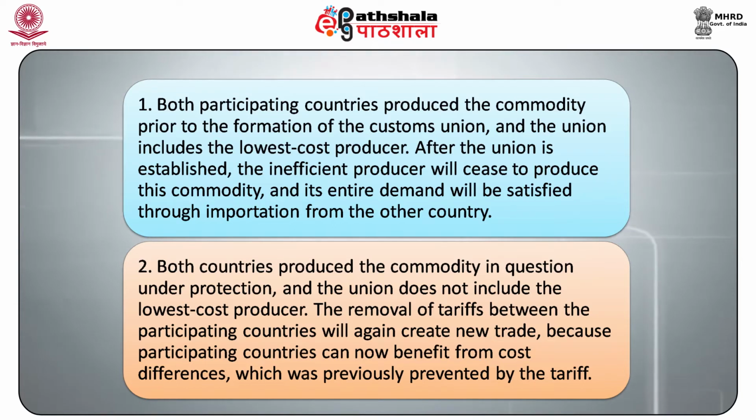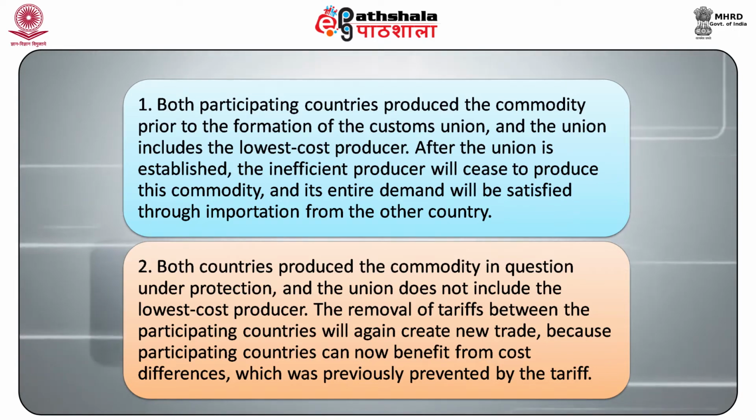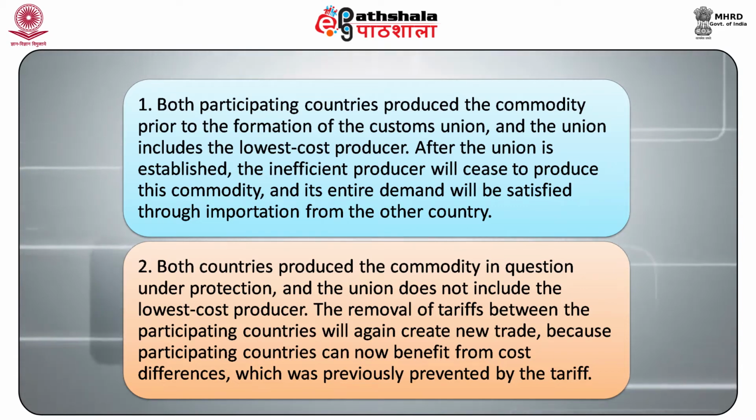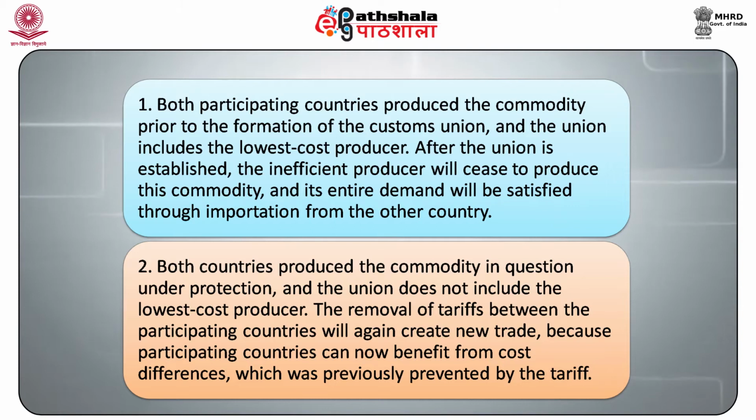Second, both the countries produce the commodity in question under protection and the union does not include the lowest cost producer. The removal of the tariff between the participating countries will again create a new trade because the participating countries can now benefit from the cost differences which was previously prevented by the tariff.